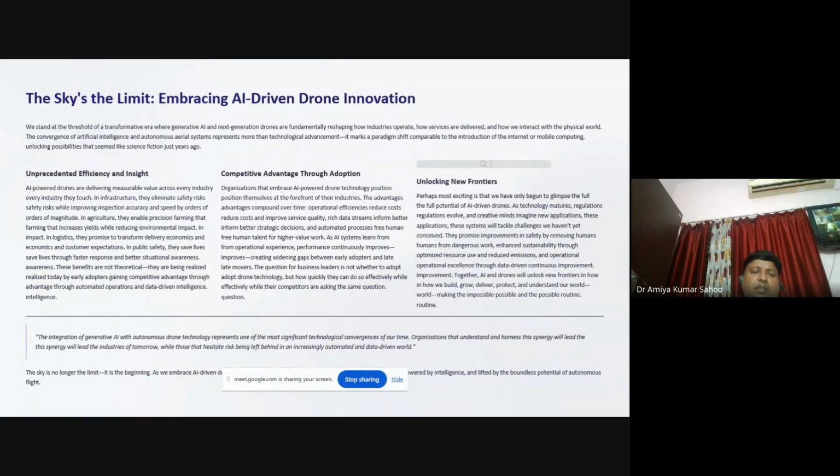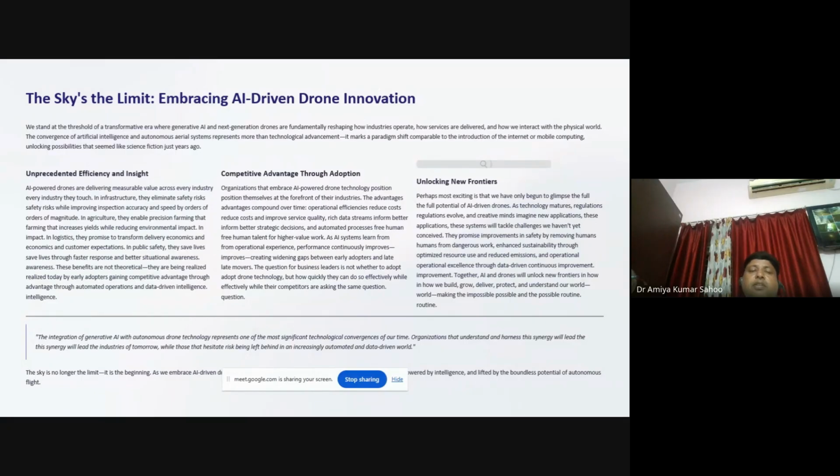These benefits are not theoretical. They are being realized today by early adopters, gaining competitive advantages through automated operation and data-driven intelligence.